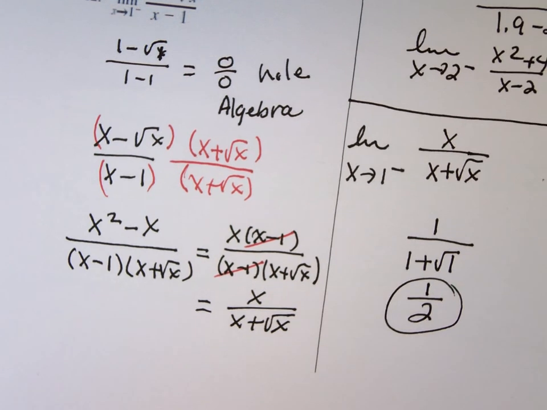So the limit's 1/2. But I have a hole. That's the y value at the hole. So if x equals 1, y equals 1/2, that would be the value at the hole.